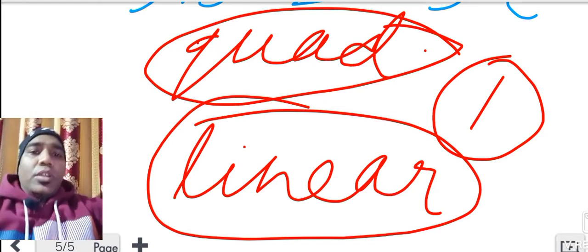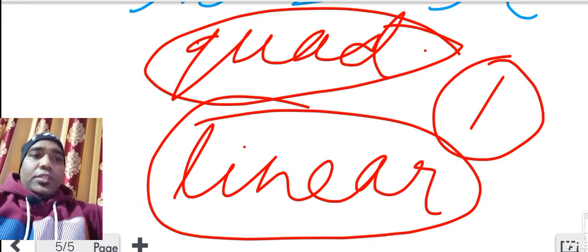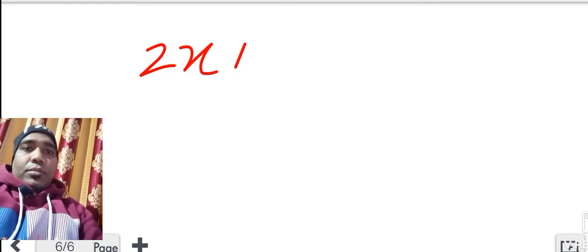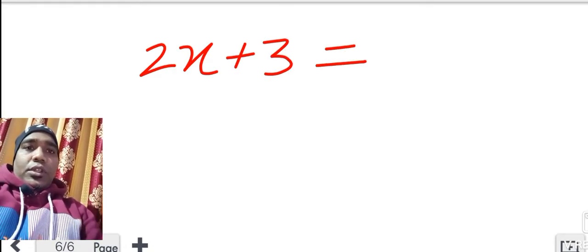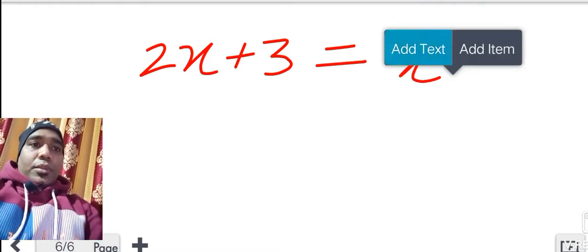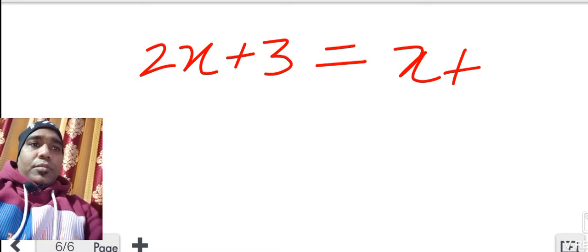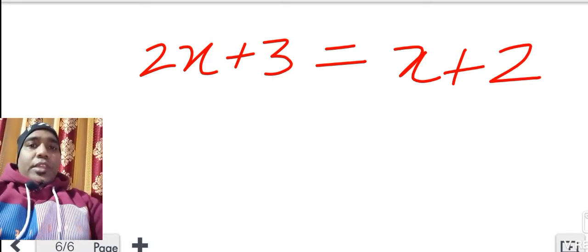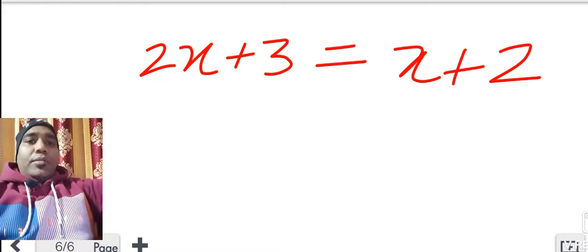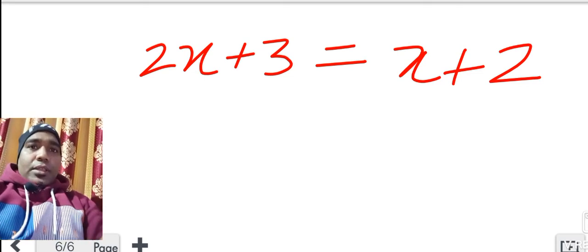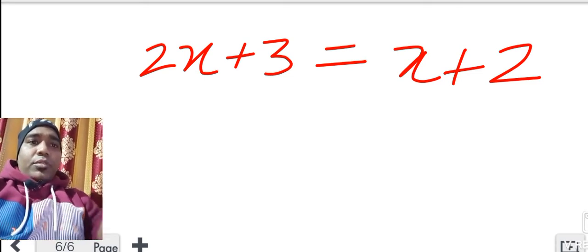Now how to solve a linear equation, that we have to discuss. Suppose you have got 2x plus 3 is equal to x plus 2. Then what is the rule? The variable part and the constant part we bring together.